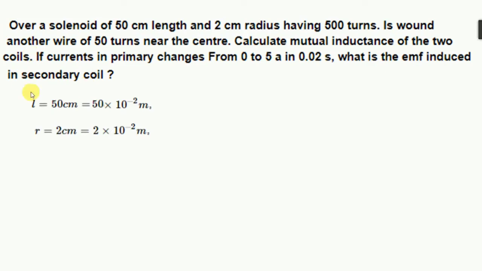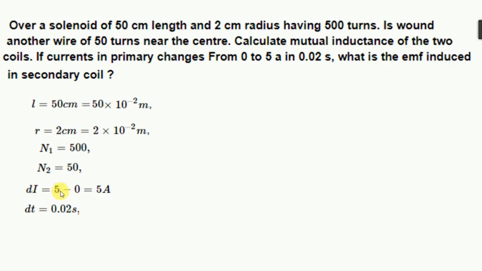So the length of the solenoid is given, that is 50 centimeter. I will convert it into meter, and the radius is also given, 2 centimeter, so 2 into 10 to the power minus 2 meter. N1 and N2 are given: the number of turns in the first solenoid is 500 and in the second solenoid is 50.